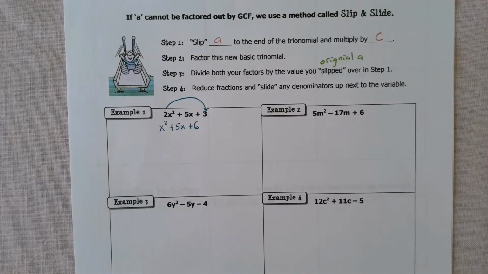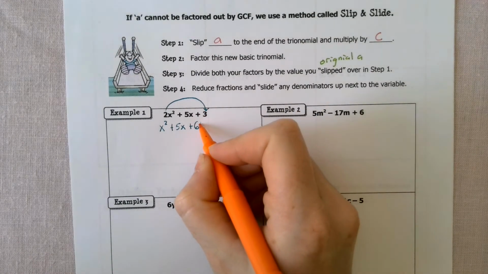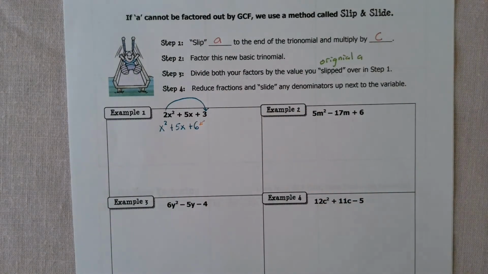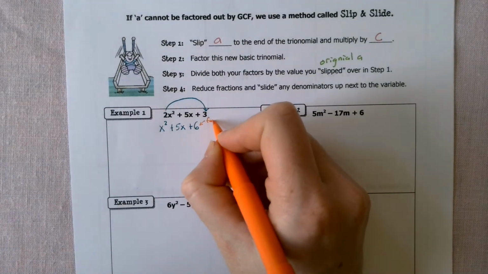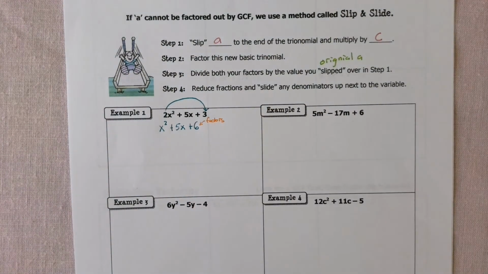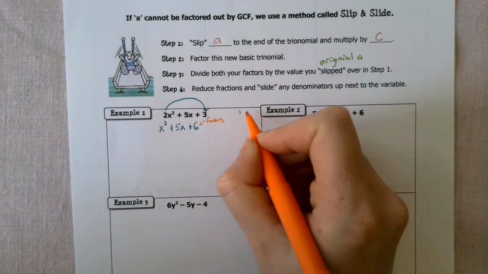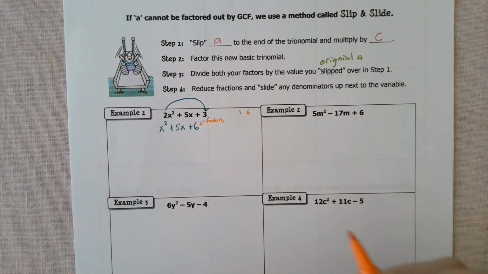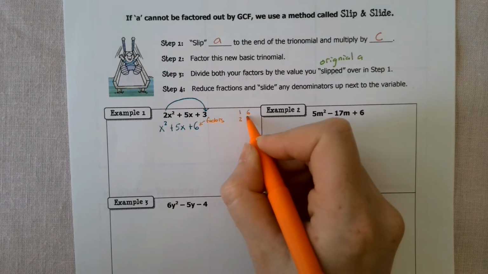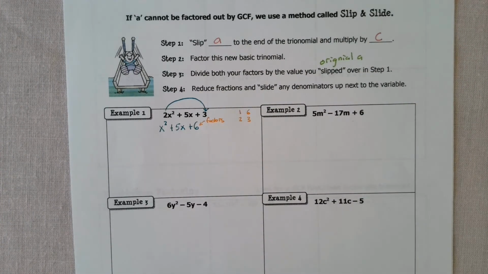All right? And then, in order to factor, we need to list out the factors of 6. So, factors of 6 are going to be the numbers that multiply to give us 6. So, that's going to be 1 and 6, and 2 times 3. Okay?